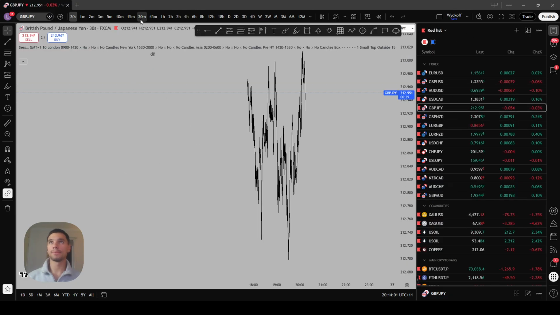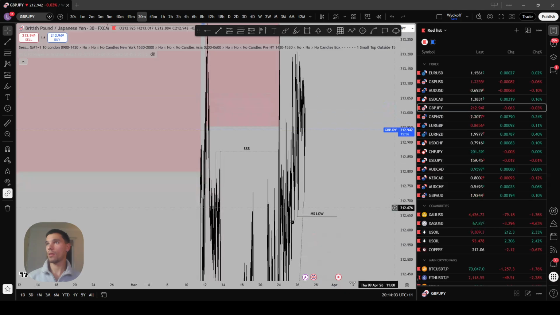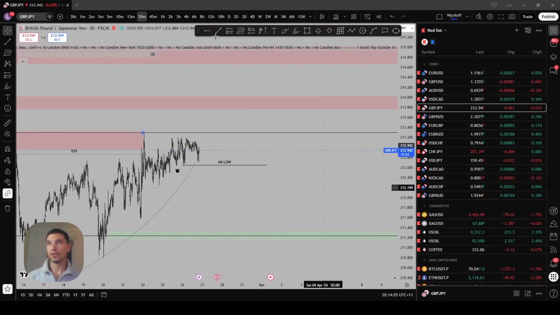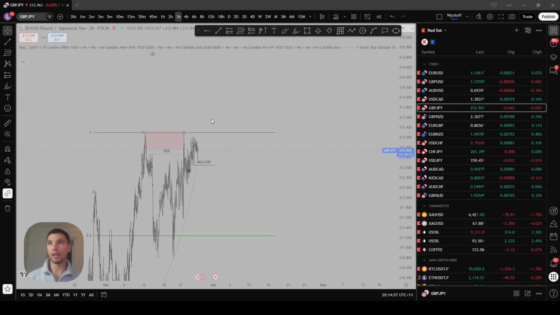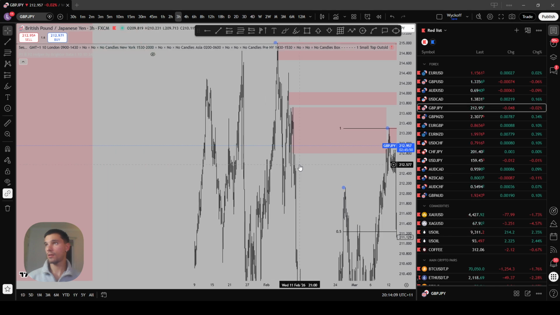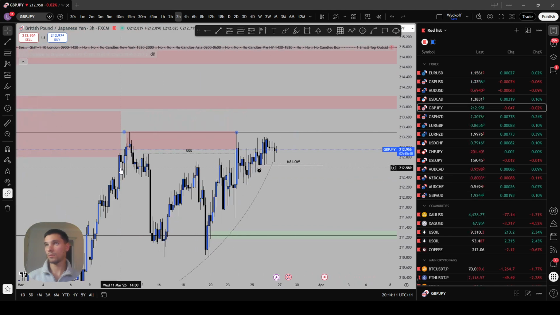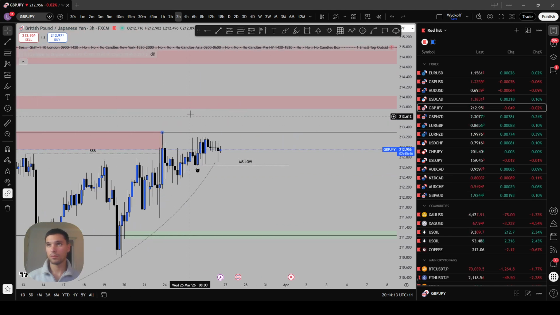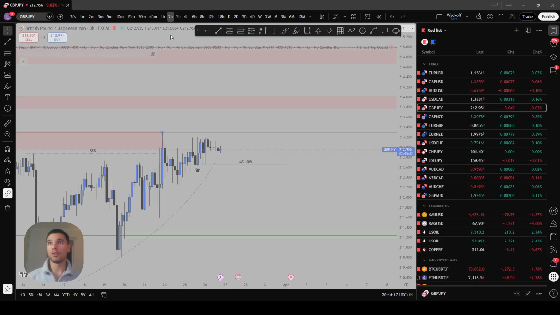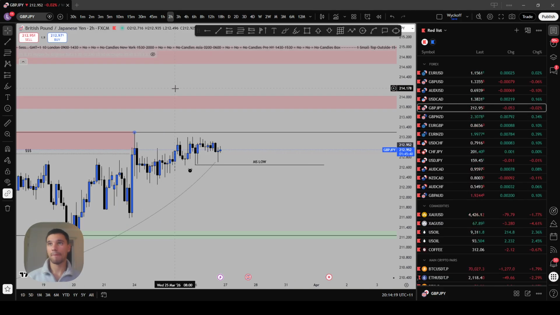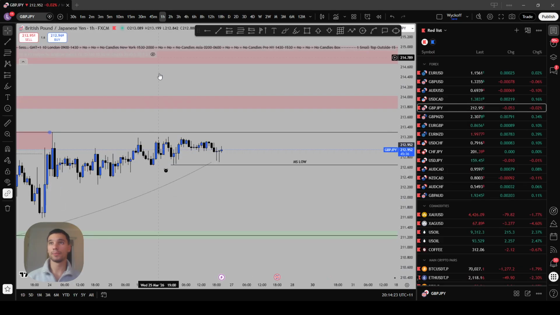GBP JPY. Yeah, so this is our 2. Is it valid on the 3 hour? That's my question. No, it's only valid on the 2 hour. Yeah, this is our 2 hour market structure low.